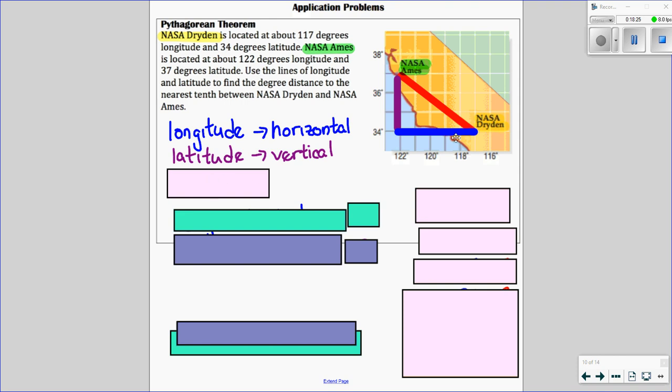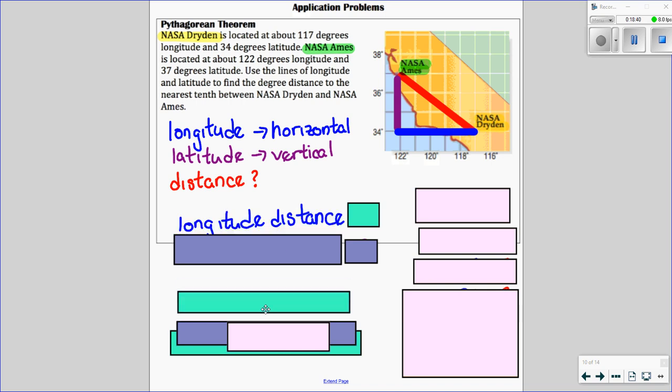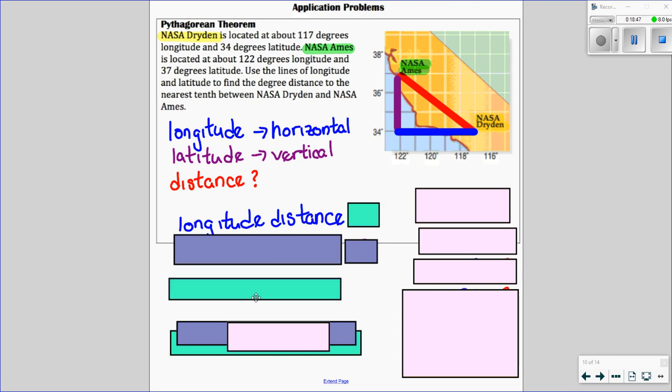Now the red part is the distance from NASA Ames to NASA Dryden. So that's what we're looking for. And notice that it creates a right triangle. So we need to use the Pythagorean theorem to find the distance from NASA Ames to NASA Dryden. So we need to know what the distance is of the longitude.